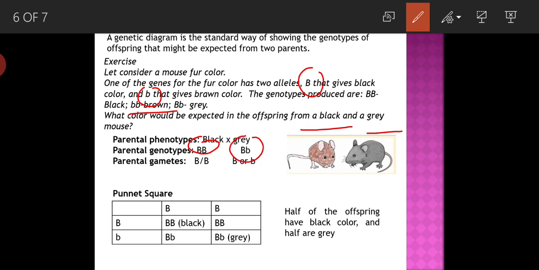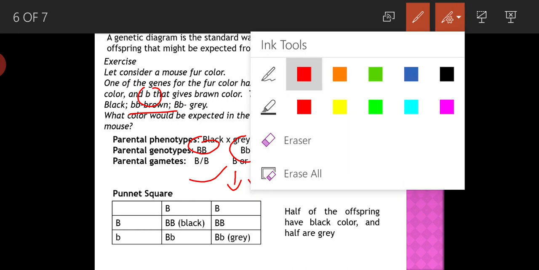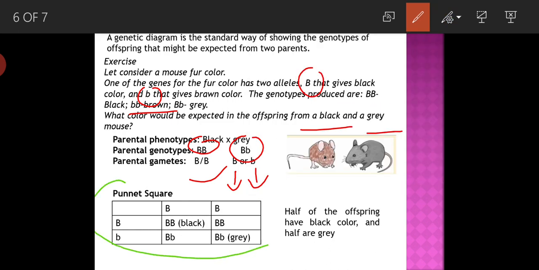The parental gametes formed from the first parental genotype are two B's, which are going to be put in the Punnett square, and the other parent will have one gamete large B or one gamete small b. As you can see in the Punnett square, half of the offspring is going to be black and half of the offspring is going to be gray.